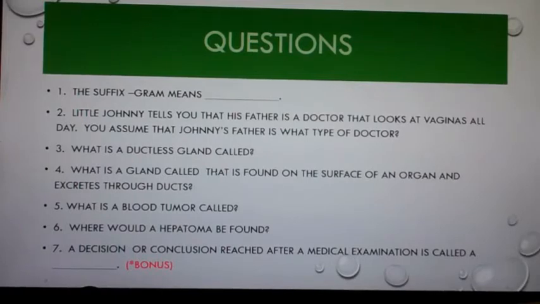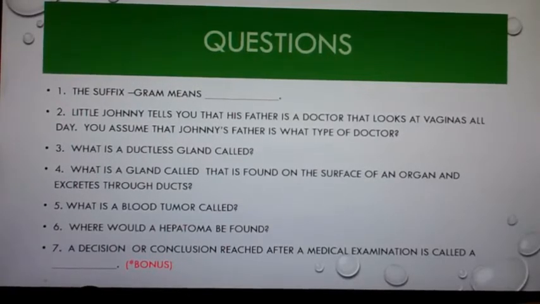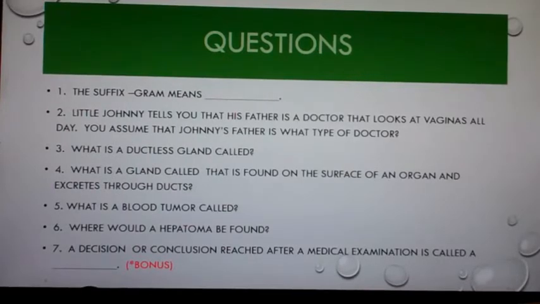Number 3, what is a ductless gland called? Number 4, what is a gland called that is found on the surface of an organ and excretes through ducts?